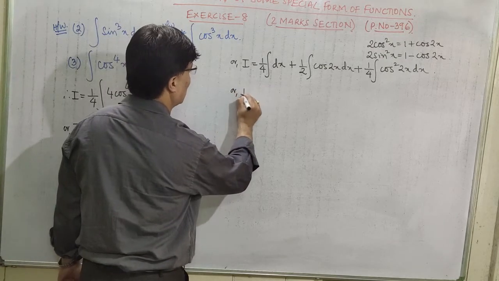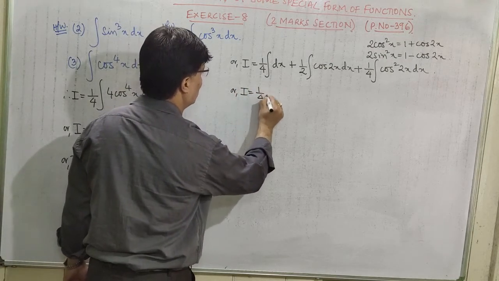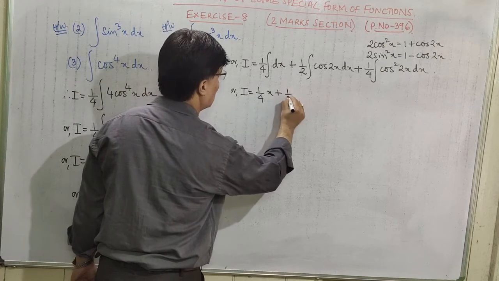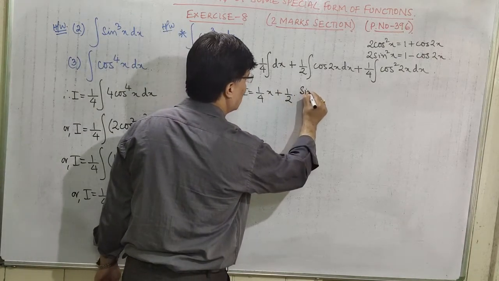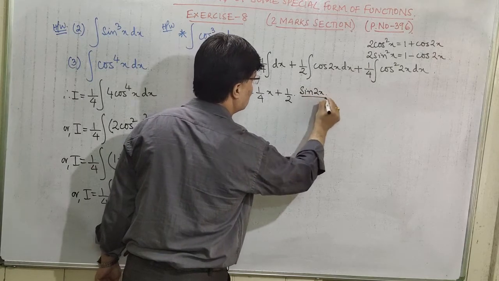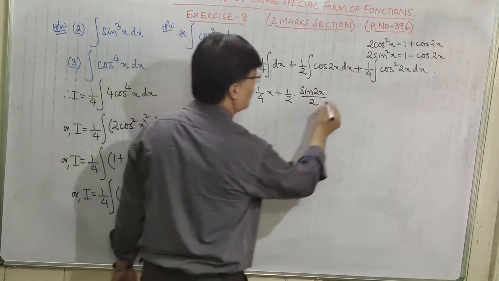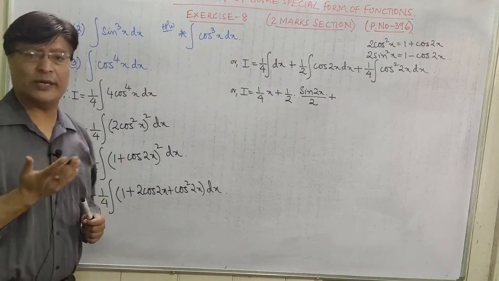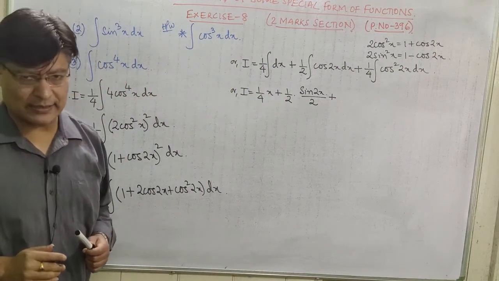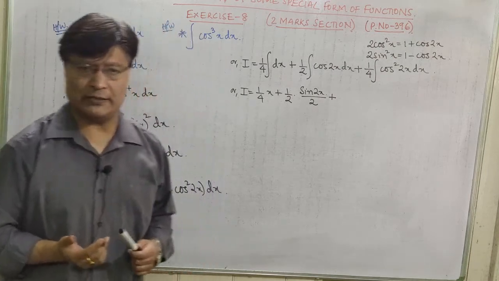So now you can easily integrate the first two terms. That is I is equal to 1/4 into x plus half into, what is integration of cos 2x? You know that. This is sine 2x divided by 2, plus. Now since this is cos square 2x, you cannot directly integrate it. First of all, you have to simplify it.